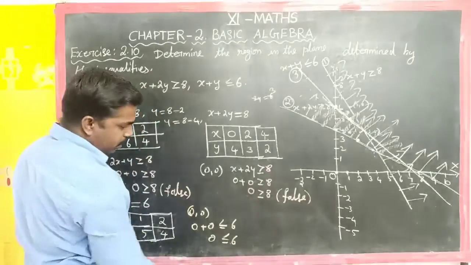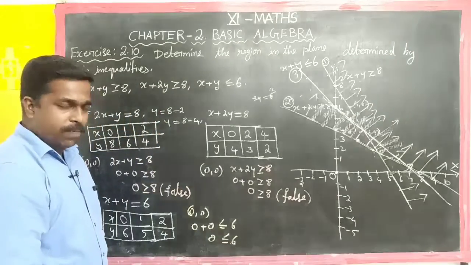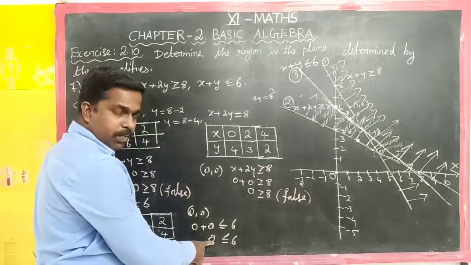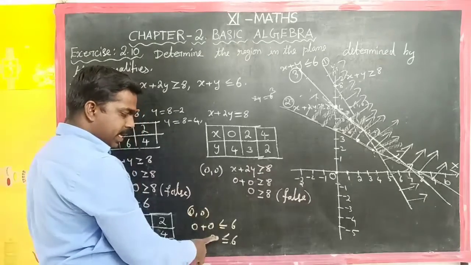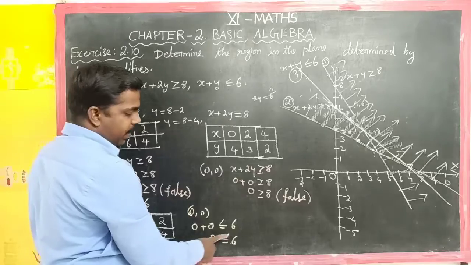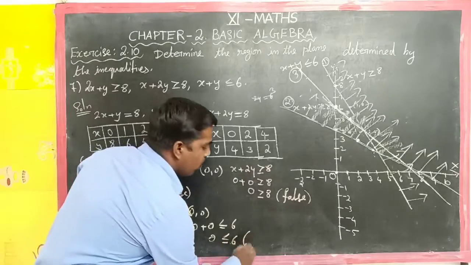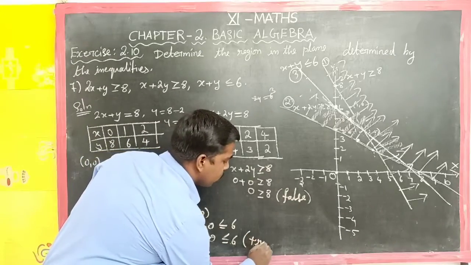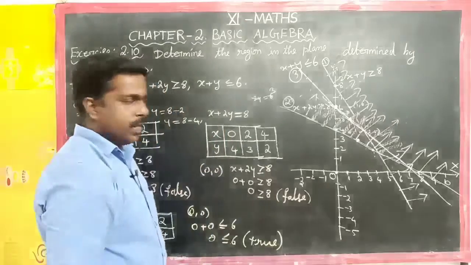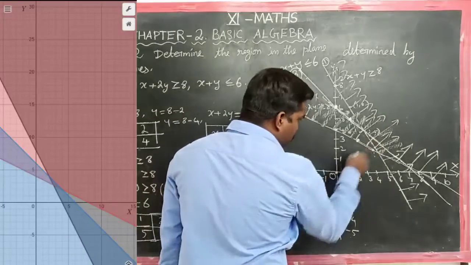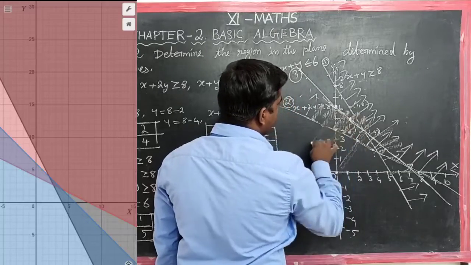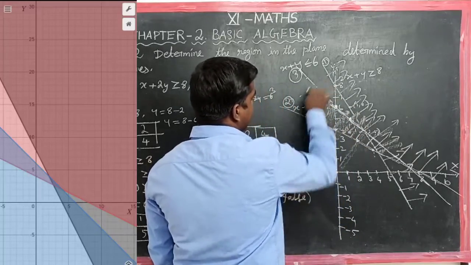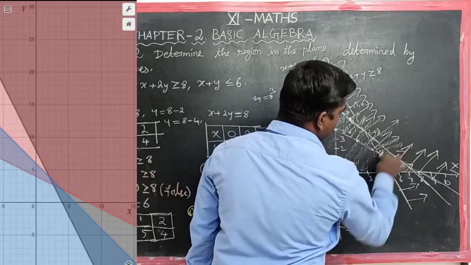Is it true or false? True, because 0 is a lesser value than 6. So if it is true, we should shade towards the origin, this side for the third line, this portion.